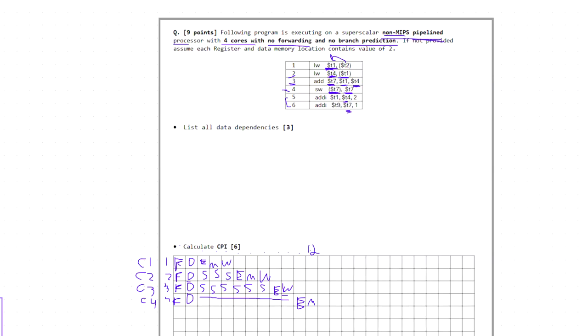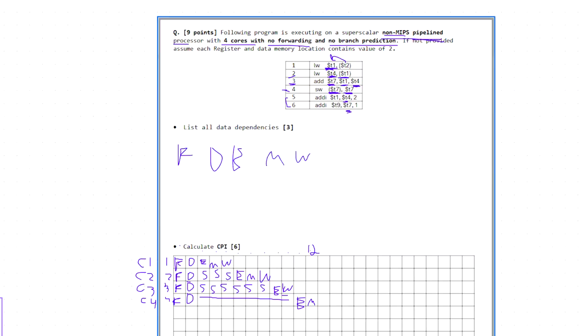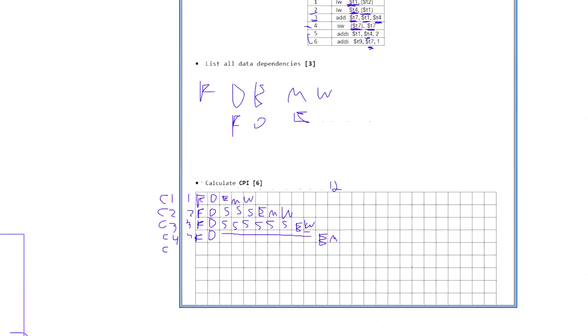If I was doing some other instruction, I could just fetch the next instruction down here and continue. The same thing can happen here. My core 1 is going to continue over here, my core 2 is going to continue here, core 3, and core 4.